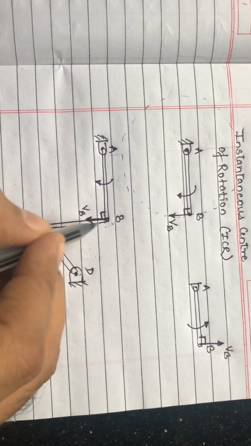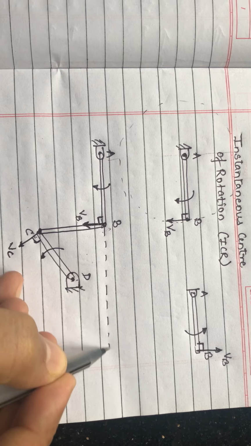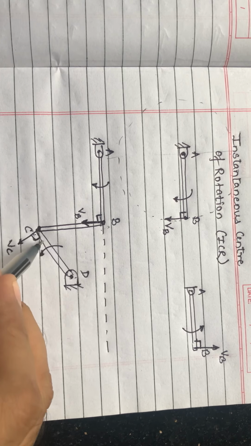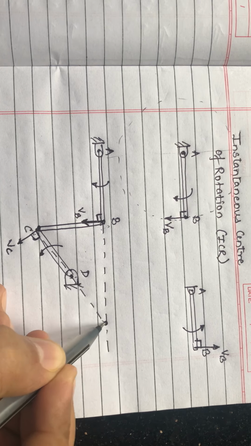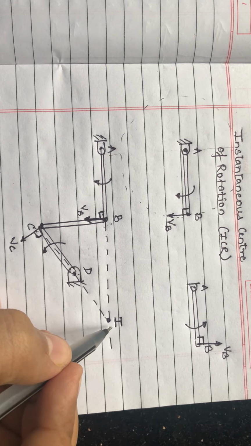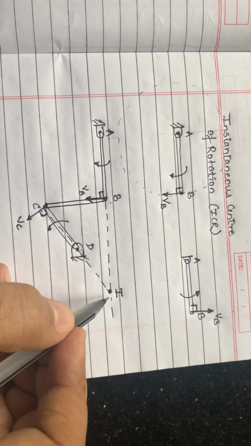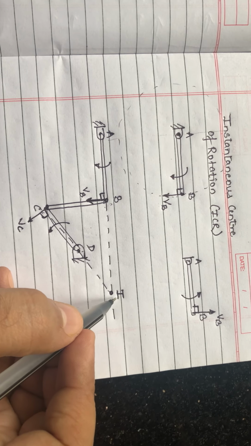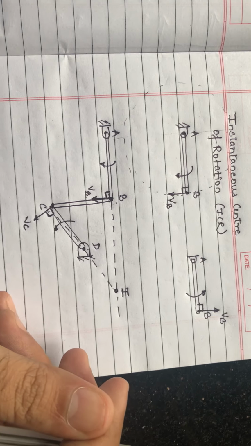We'll make one line perpendicular to the velocity like this, and another line perpendicular to the velocity like this. Wherever they meet, that point is said to be I, which is the ICR, the instantaneous center of rotation. That is the center of rotation of rod BC.